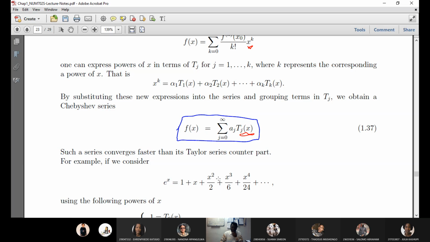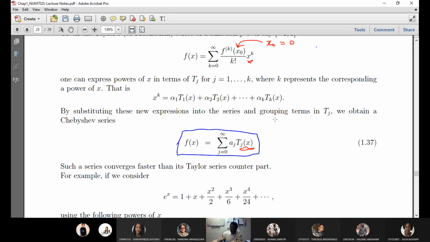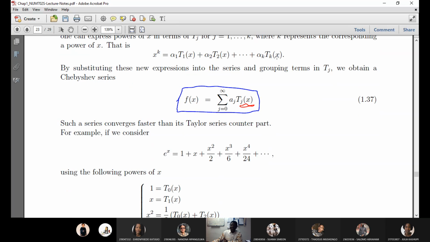Why? Because, let's say, for instance, in this case, you can see that this is a power series, right? And I say here that you take x^k, but see that k goes to infinity, and you cannot do that up to infinity. Because in order for you to write this x^k, you see that you need everything up to Tk. Now, what if, for instance, your power series goes maybe to, let's say, even 20 only? Then you have to compute this up to 20 to extract this and to substitute everything.